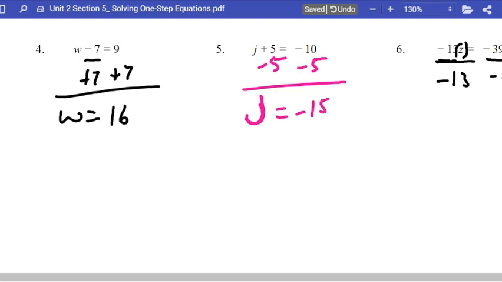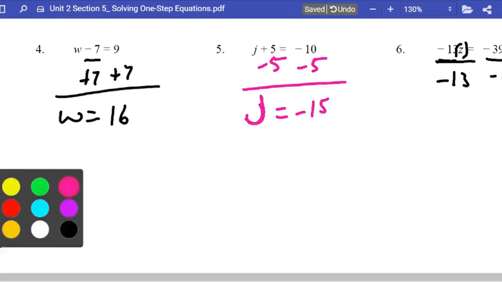That's because negative 13 divided by negative 13 just becomes positive 1. So we're left with z on the left is equal to, when we do the math, a negative divided by negative is positive. 39 divided by 13 is just 3.